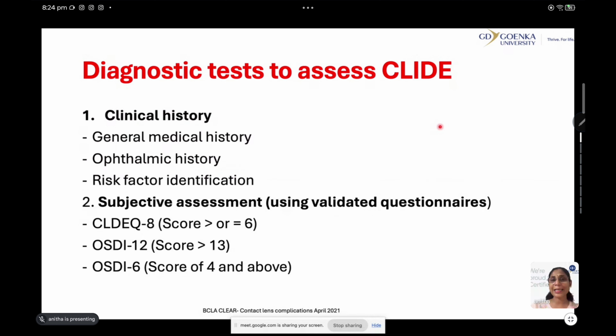If the patient is asymptomatic but presents with signs of dry eye, that doesn't mean that person has dry eye. That is something else. Again, if the patient is symptomatic but clinically nothing is visible, then that is also not dry eye. So to confirm that the person has dry eye, the person has to be positive for symptoms as well as for signs. Remember, this is a very important point.